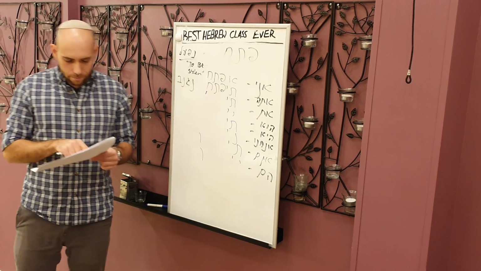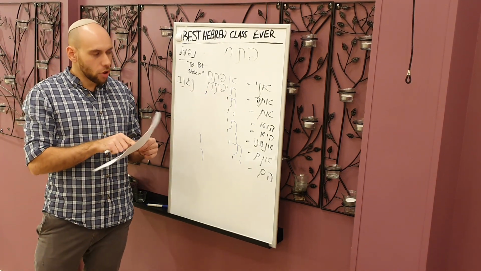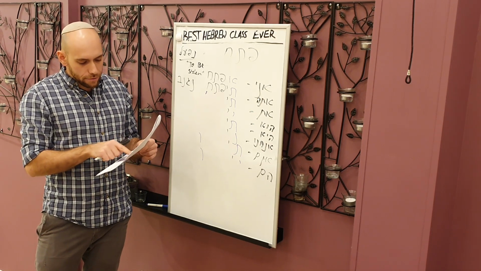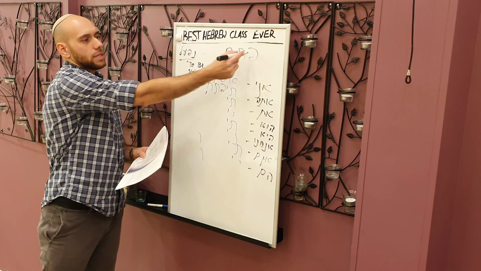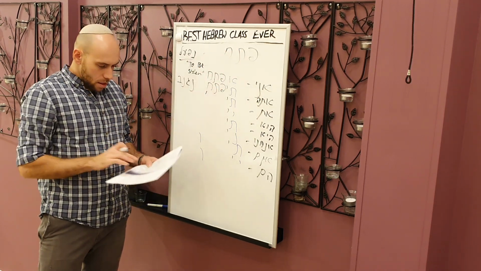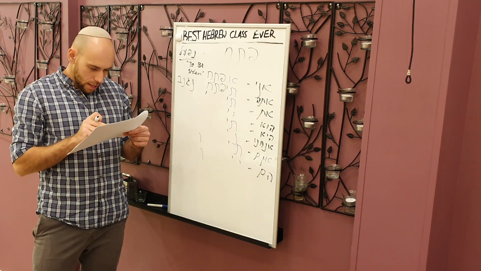Right? So it will always have the dagesh. Okay. In the future tense, in the nifal, it will always have the dagesh in all these forms. So it will always be a P. But in the pa'al, it does not have the dagesh.